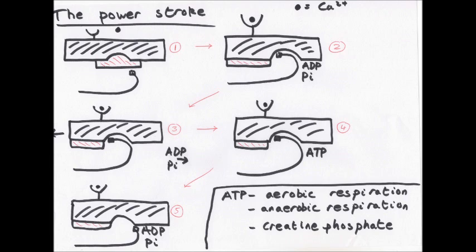Now naturally it has ADP and Pi attached to it. It will release ADP and Pi at stage 3, and this will cause it to move backwards. It's quite hard to draw. I've got one here, it'll be no benefit to you as I'm not filming this, but I'll try and explain it.